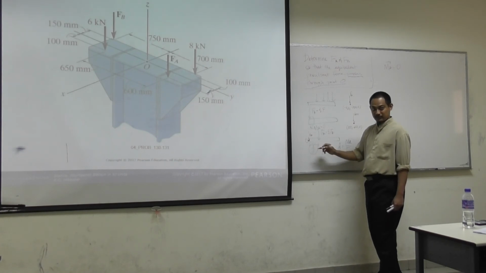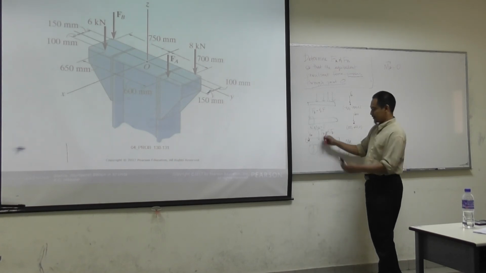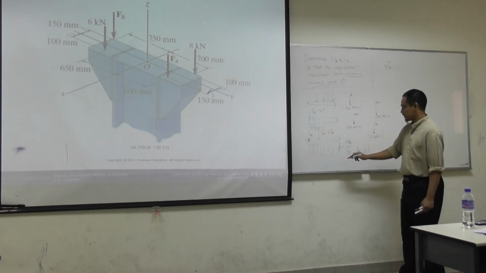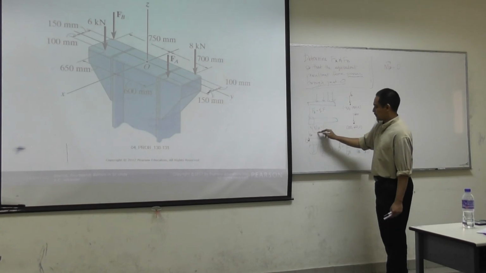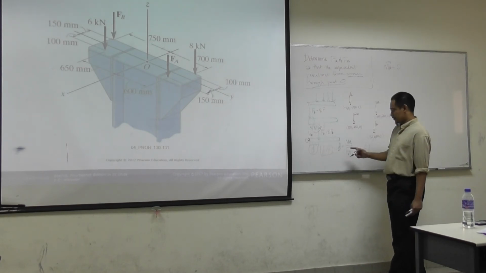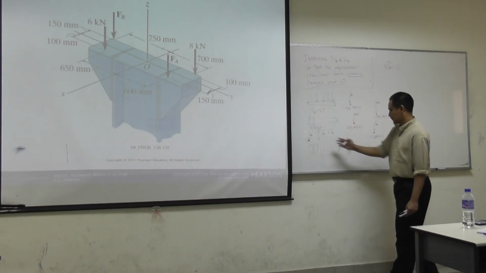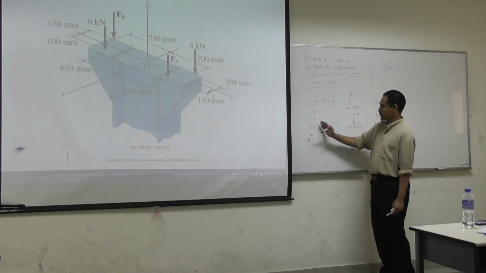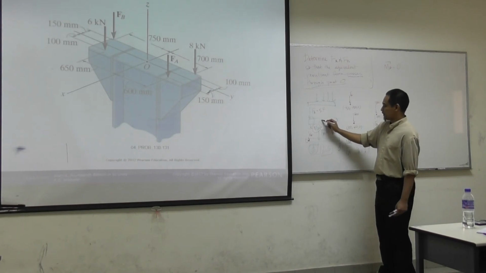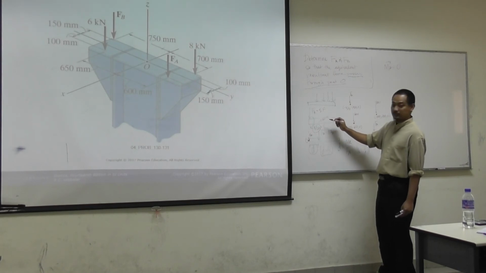Meaning there's no distance because FR is there. So if that is established, this MR should be 0 because MR equals F times D, and for D to be 0, MR should be 0. MR is basically just the summation of all M, right? So if MR is 0, the summation of all M is 0.